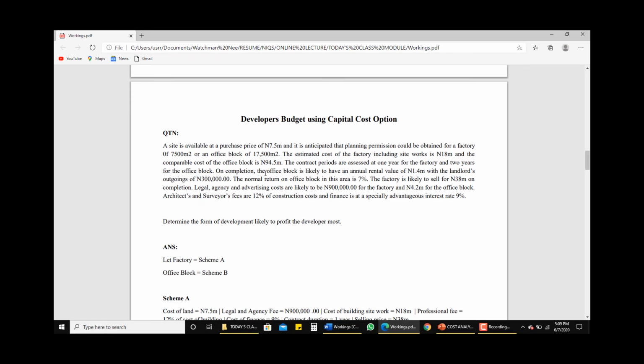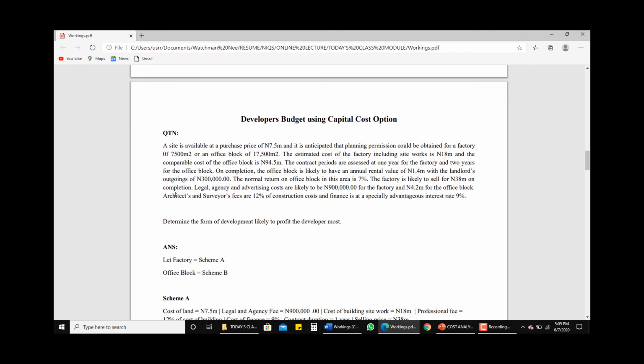On completion, the office block is likely to have an annual rental value of 1.54 million.